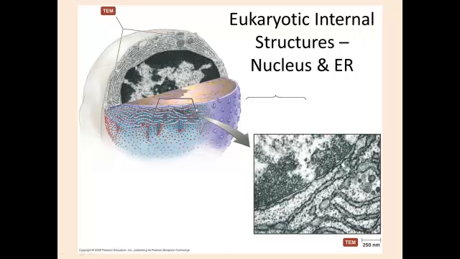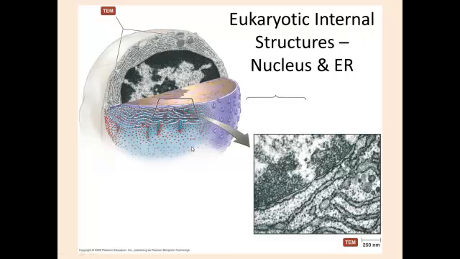Connected to the outer nuclear membrane by the pores is the endoplasmic reticulum, or ER. What is shown in this diagram is the rough ER, where ribosomes are embedded in the membrane of the ER. What happens is mRNAs from the nucleus come out of the nuclear pores and are transcribed in the rough ER.